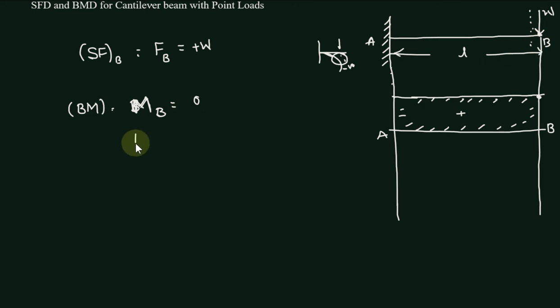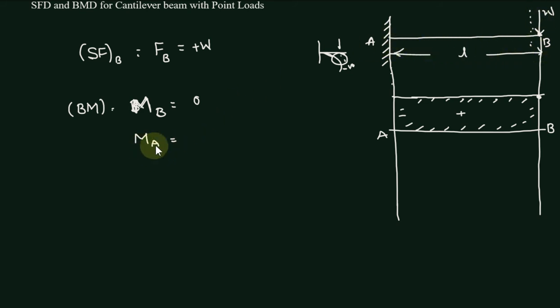Now we need to find the bending moment at A. When we are talking about beams and bending moments, wherever the point we are considering, we need to take the sum of moments up to that point. So bending moment at A: we have only the load, and we need to consider the distance up to A. Load multiplied by perpendicular distance up to the point we are considering.